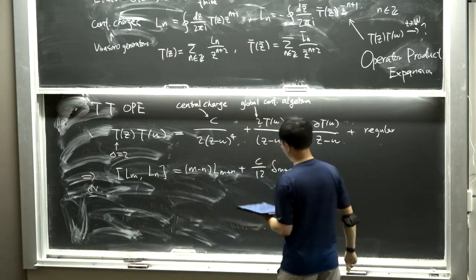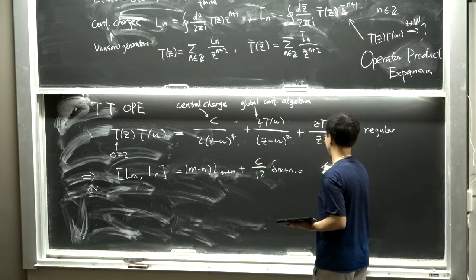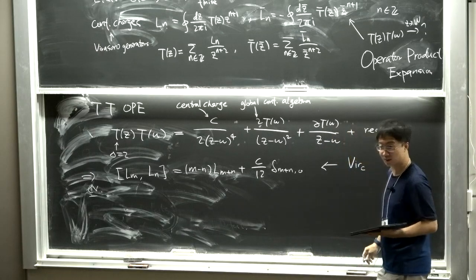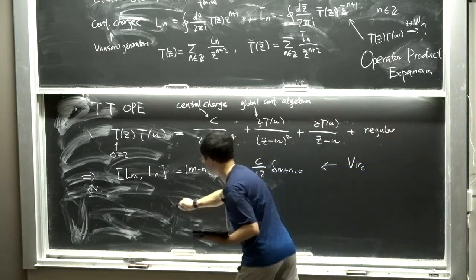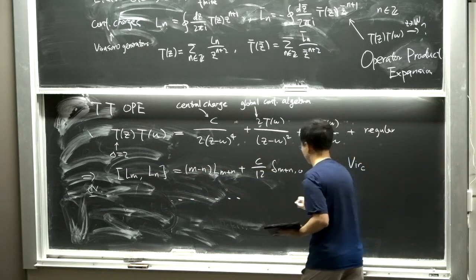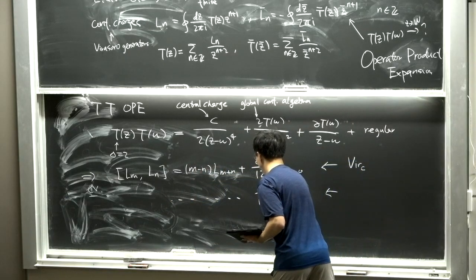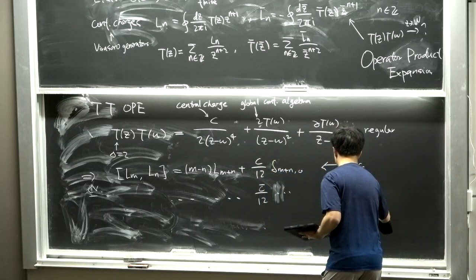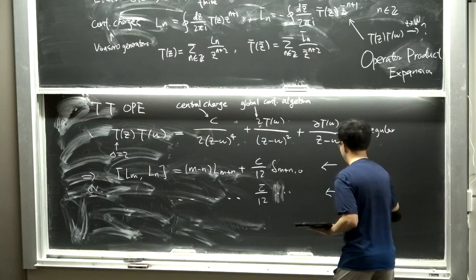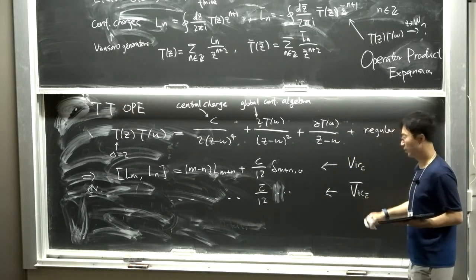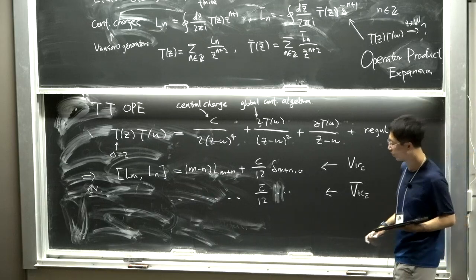This is the commutation relation that defines the Virasoro algebra with central charge C. There's a corresponding version for the anti-holomorphic part, with potentially a different central charge, C bar.